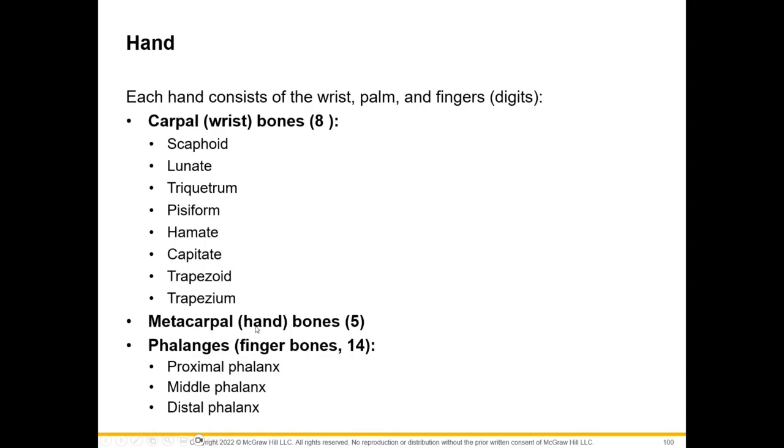Then you get to the bones of the hand itself, which are the metacarpals, and then the fingers, which are the phalanges. And we name the phalanges based on where they are. The proximal phalanx, which is singular for phalanges, is the one that's closer to the hand. The distal phalanx is the one that's furthest away, so that's the bone at the very end of your fingers.